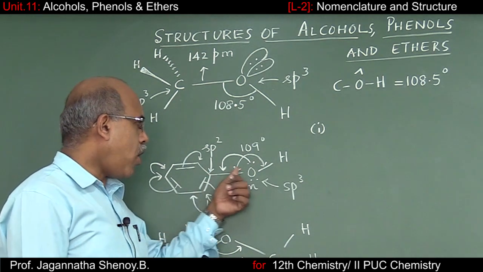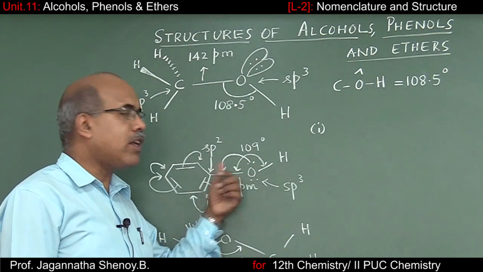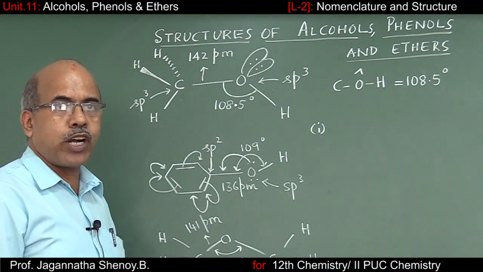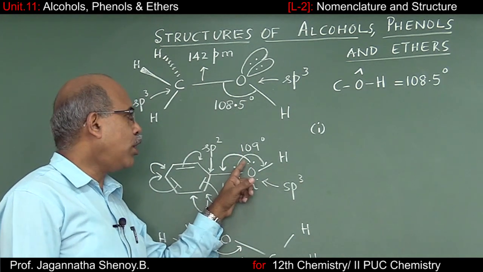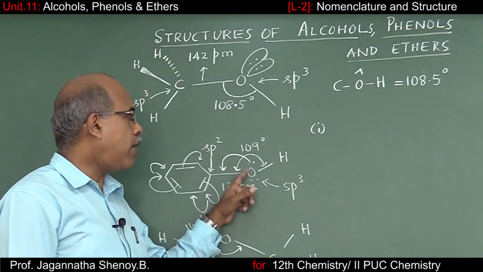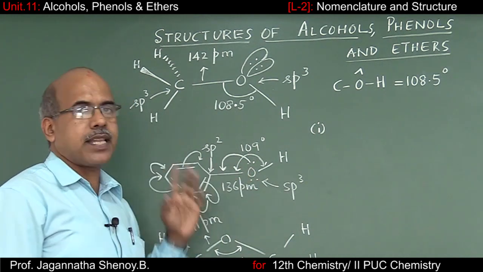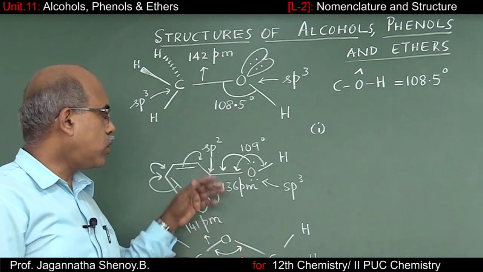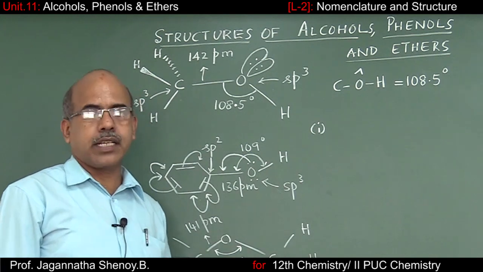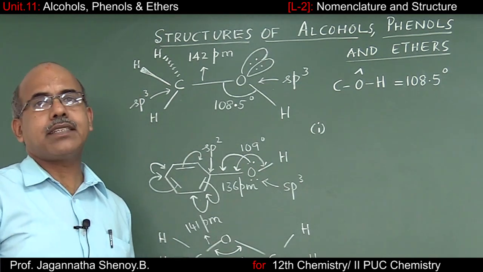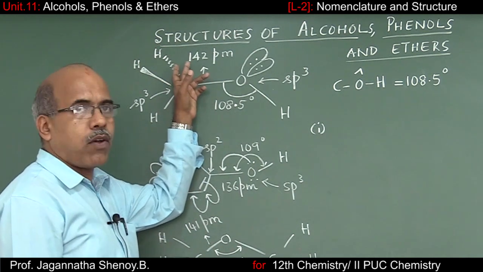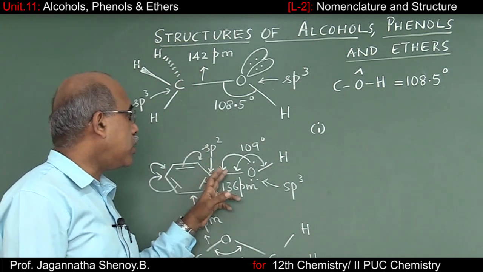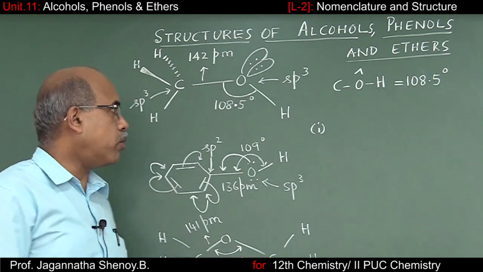So, the carbon-oxygen bond in phenol has a partial double bond character due to the conjugation of lone pair of electrons of oxygen with the benzene ring. And as the bond order increases, bond length decreases. That's why the bond length decreases from 142 picometer to 136 picometer.